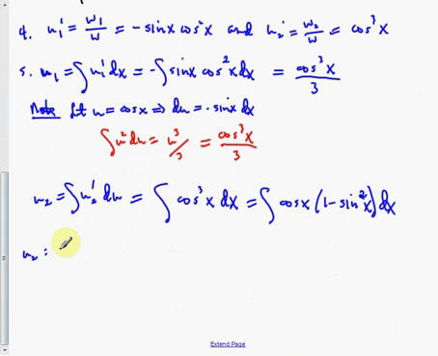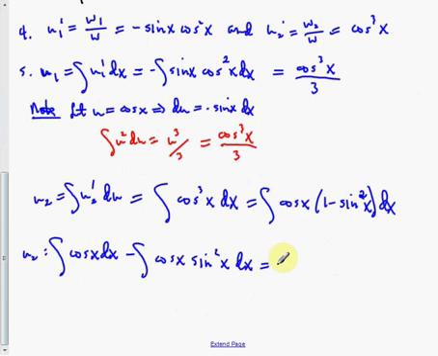So u sub 2 is the integral of cosine x dx. Just break that integrand up. Minus the integral of cosine x times sine square x dx. So this becomes sine x. For this second integral, let u equal sine x.